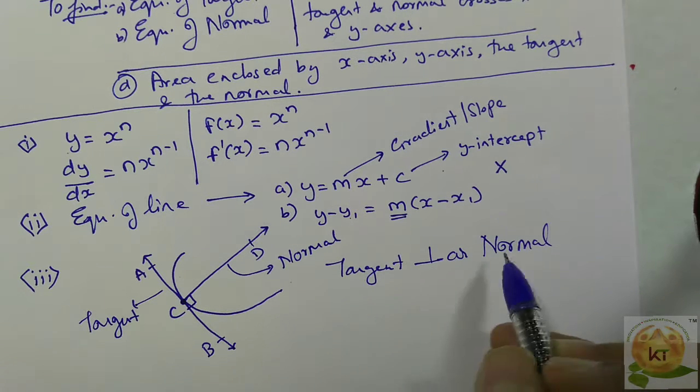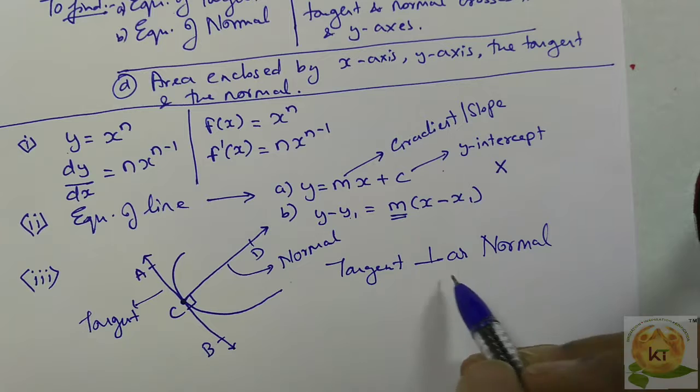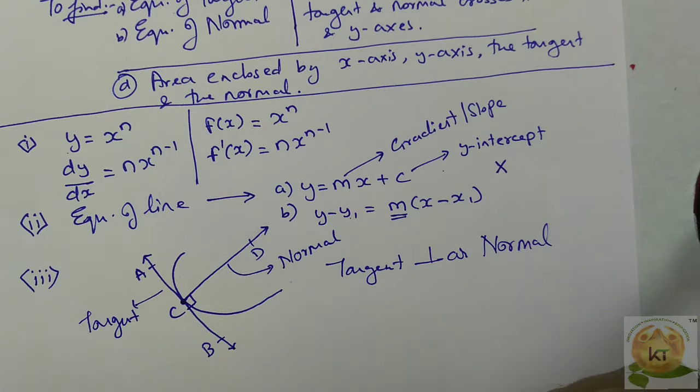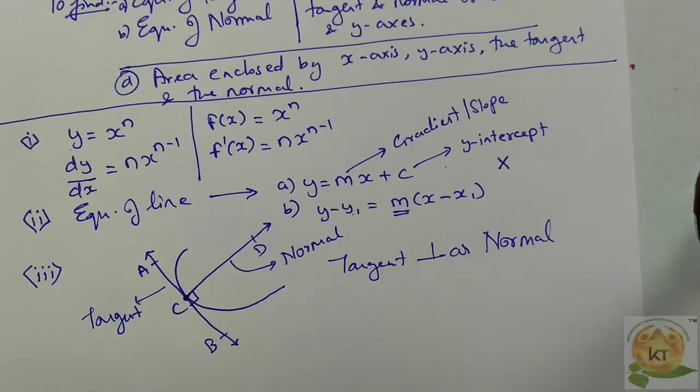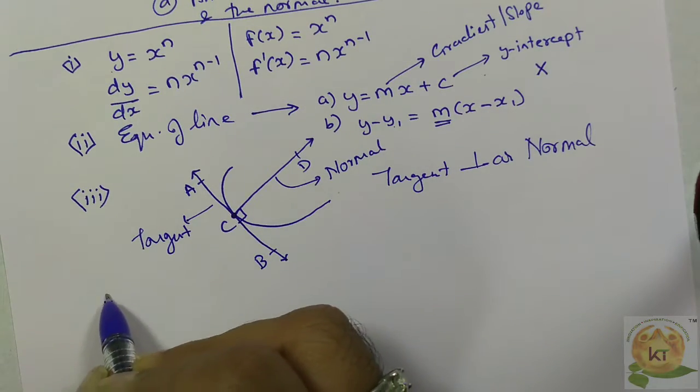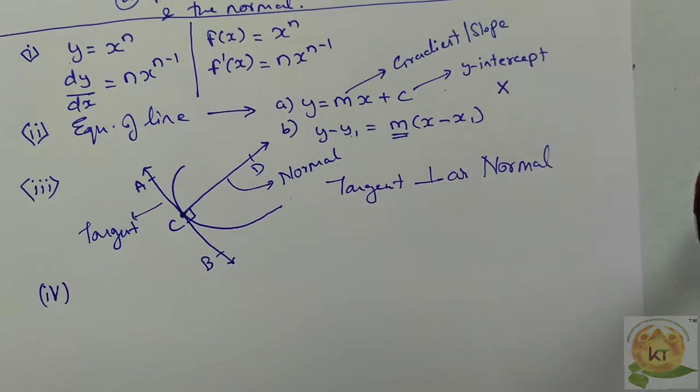A normal is always perpendicular to the tangent. These two lines are always perpendicular to each other. And now, since they are perpendicular, the fourth concept that we are going to use in order to determine the equation of the normal in this sum is your slope relation.